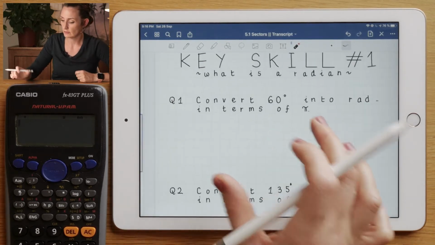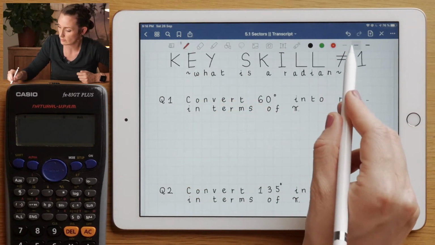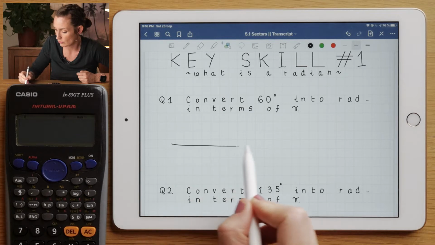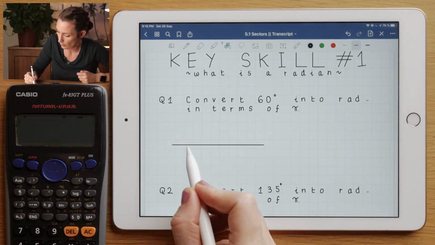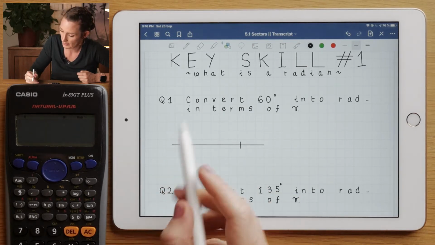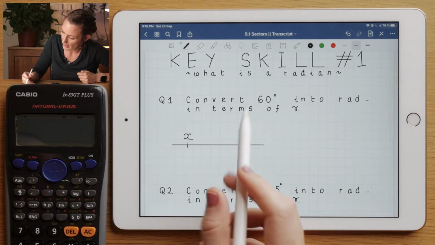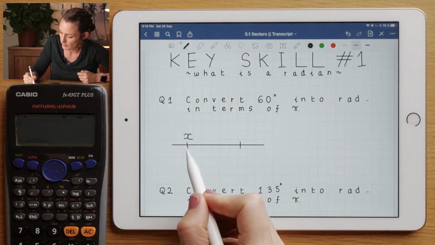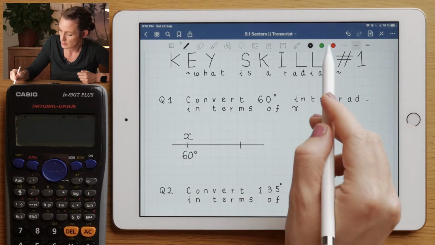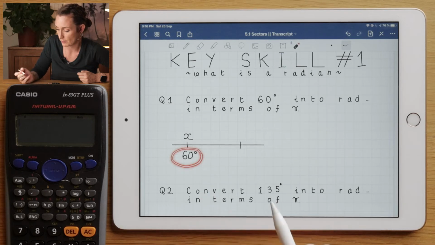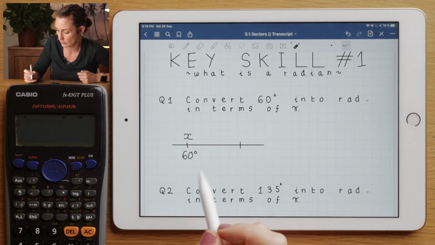So how I like to do this is I always solve all proportionality questions the same. I draw a line. What I would like to find, I put here, x. So I'd like to find x, which is equivalent to 60 degrees. The top left box is what you want to find, and that matches up with 60 degrees.